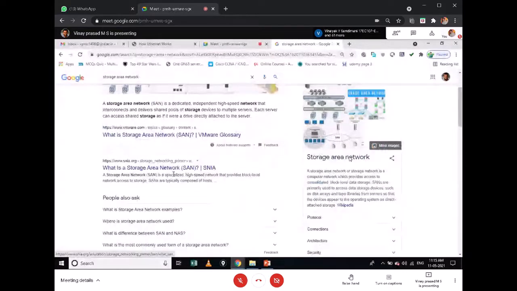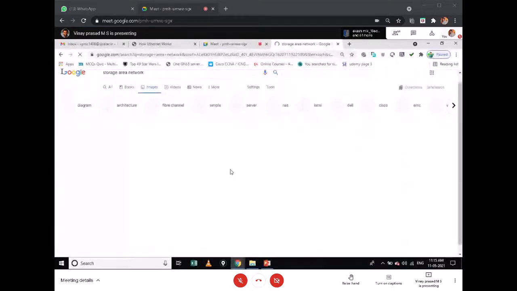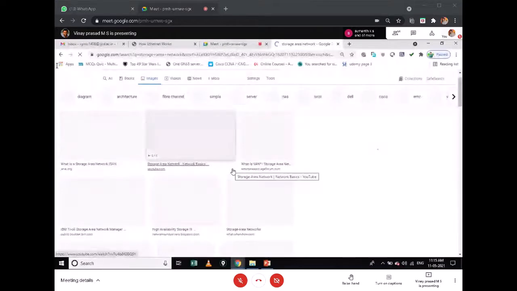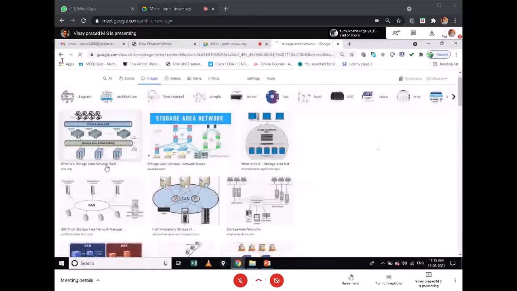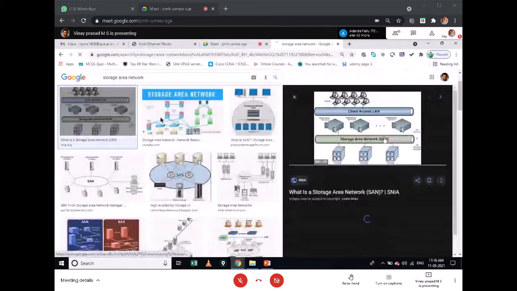Let me show you that diagram. I think you would understand it better. On the right-hand side of this diagram, these are all application servers.